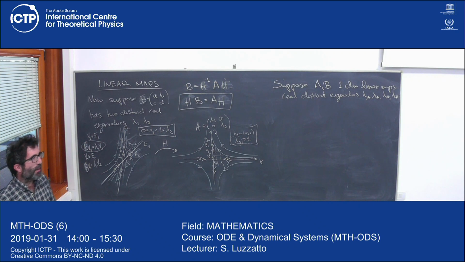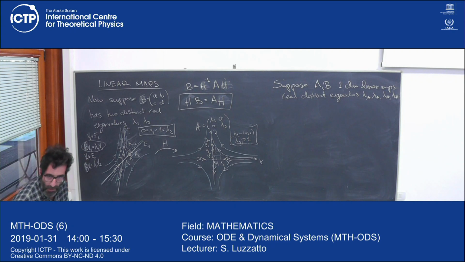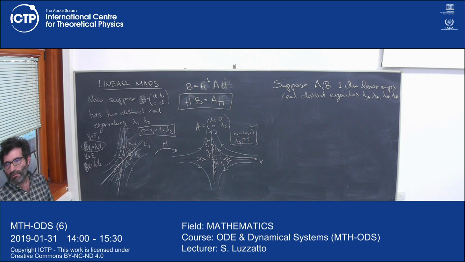So are these two linear maps topologically conjugate? When are these two linear maps topologically conjugate?